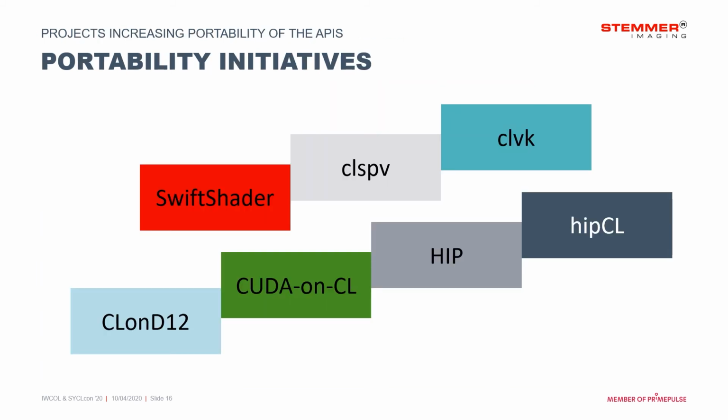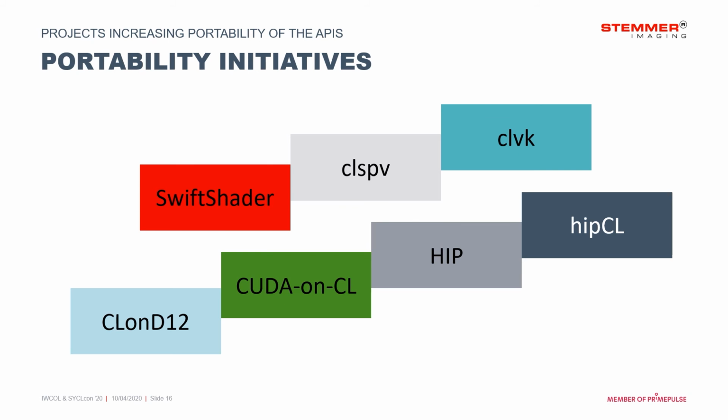Speaking of SwiftShader, I want to present you some more portability initiatives. As mentioned, SwiftShader lets you run Vulkan code on CPUs. clspv I already mentioned earlier as well. It's used to compile OpenCL C to SPIR-V that is compatible with the Vulkan runtime. This again is used by clvk to run OpenCL on Vulkan, so it's like an OpenCL driver on top of Vulkan.